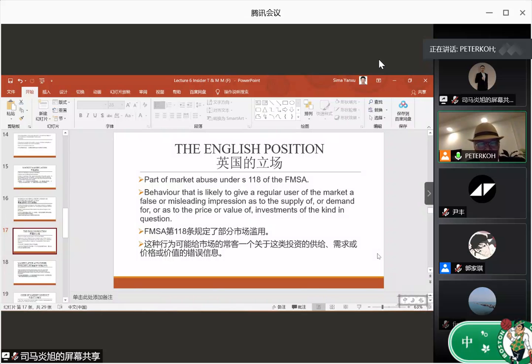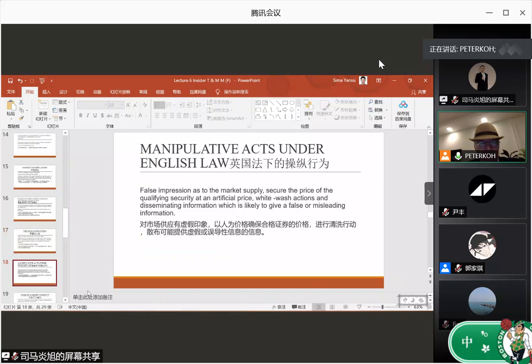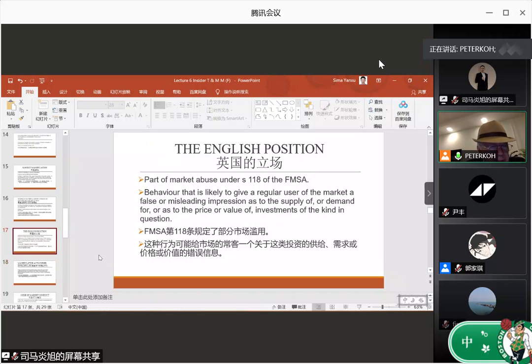Behavior that is likely to give a regular user of the market a false or misleading impression, deliberately. Okay, I will make a mistake here. We have to go back to number 16 earlier. This is 17. Go back to 16.